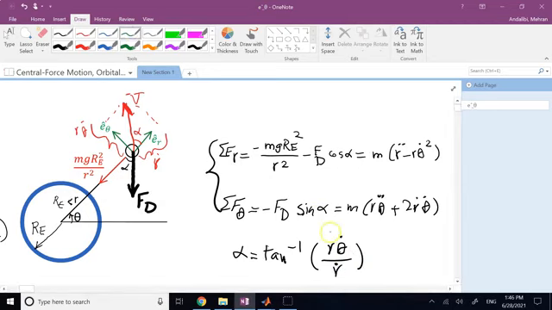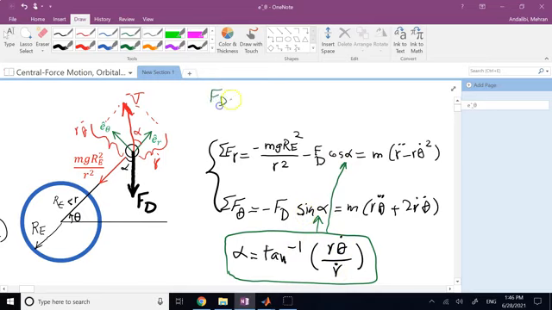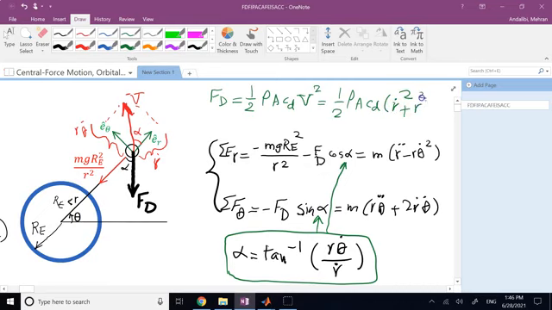So this has to go here and here, and so you will get sine and cosine of tangent inverse of r theta dot over r dot, which is a highly nonlinear term, plus F_D itself, the drag force, is one half rho A C_D times the magnitude of velocity squared, which in this case is going to be r dot squared plus r theta dot squared.